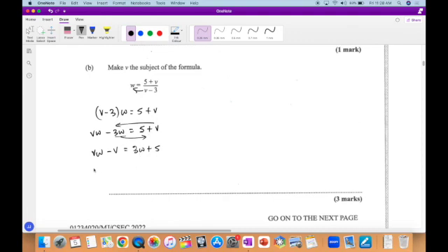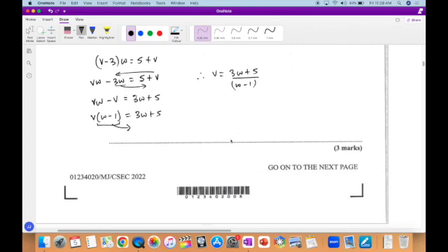So now I could factor out the V, will be W minus 1 is equal to 3W plus 5. And therefore, I'll throw this W minus 1 across. So V is going to be 3W plus 5 all over W minus 1. And so V is the subject of the formula.